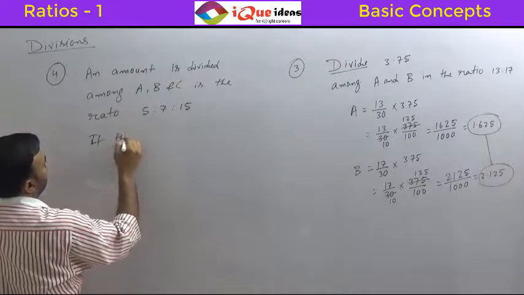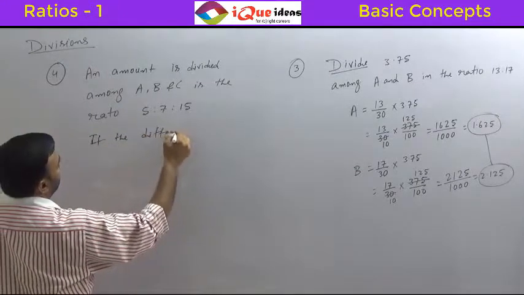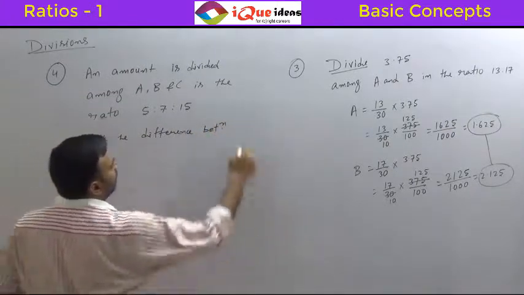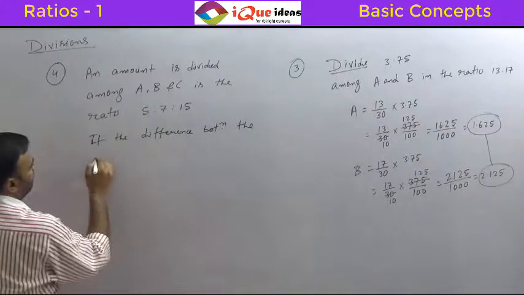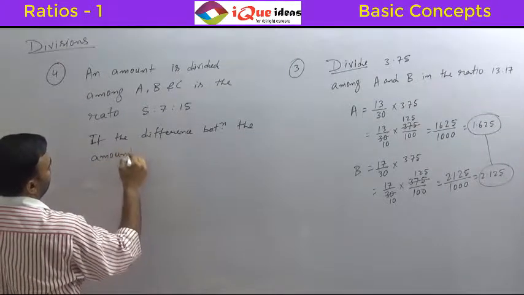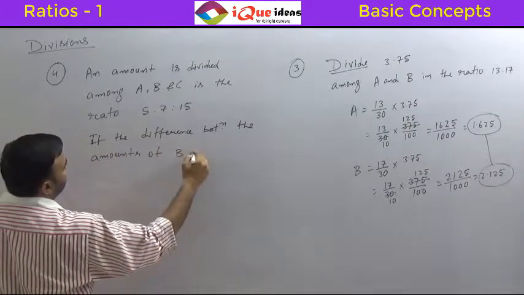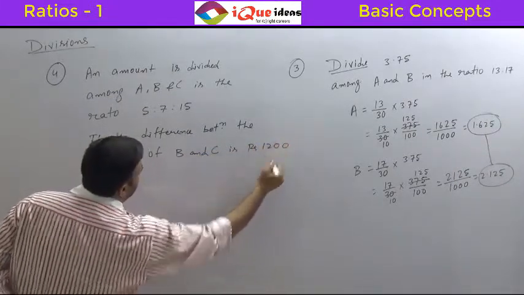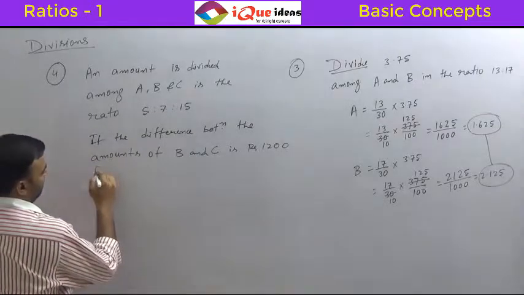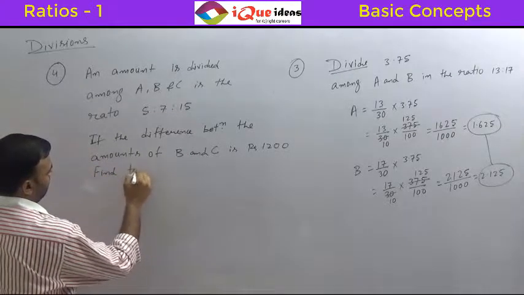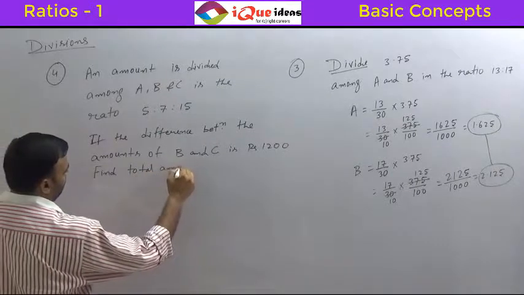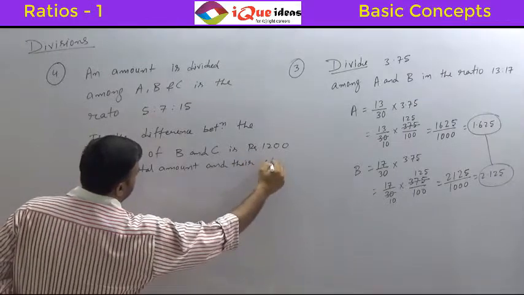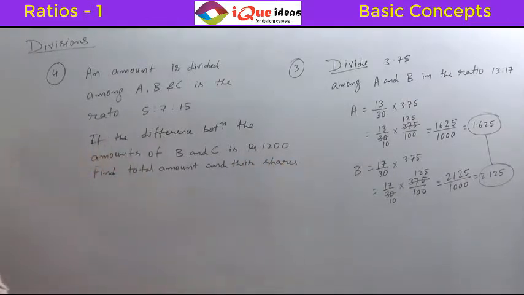If the difference between the amounts of B and C is rupees 1,200, find the total amount and their individual shares.